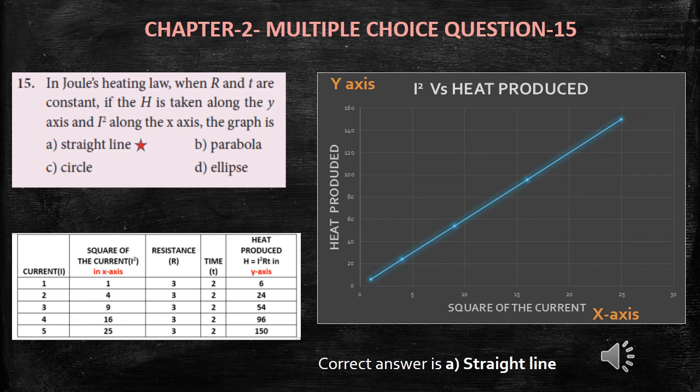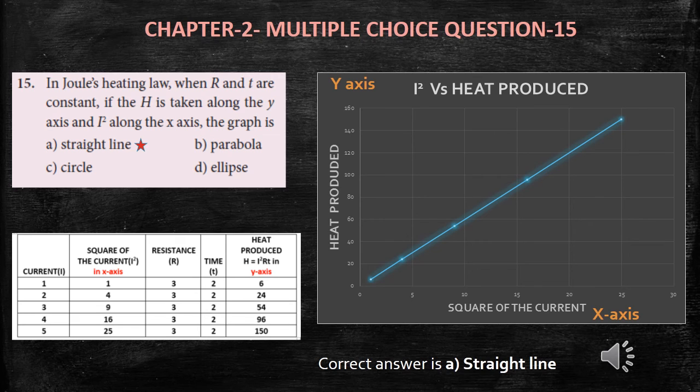So these two factors R and t are kept constant. Here, the current is variable. The strength of the current is changed from 1 ampere to 2, 3, 4, 5 amperes.